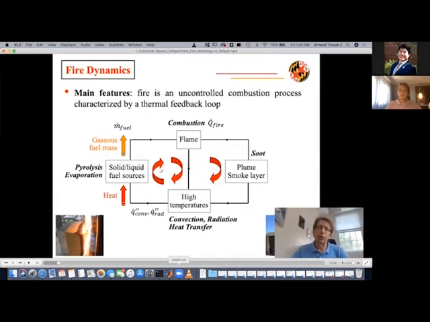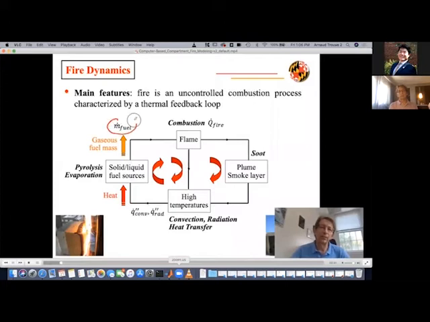This is a loop, and it is easy to see that this looping process can self-amplify and become unstable, as is the case in a special event called flashover that corresponds to a rapid increase in the heat release rate for compartment fires. The main features of fire dynamics are given on the slide.